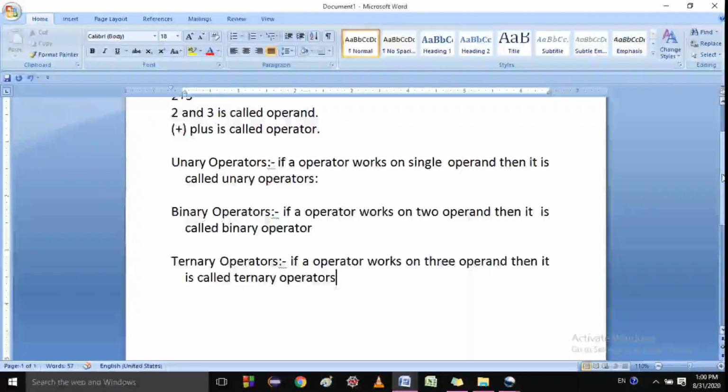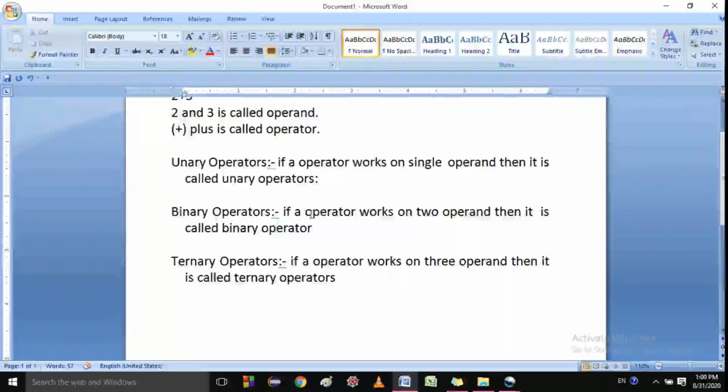Today we will discuss the binary operator. If an operator works on two operands, it is called a binary operator. All the mathematical operators work on two operands, like 2 plus 3, 2 minus 3, 2 multiply 3, 2 divide 3.